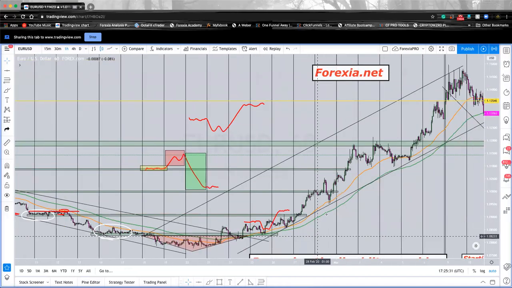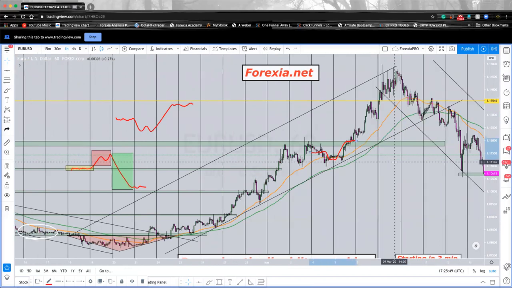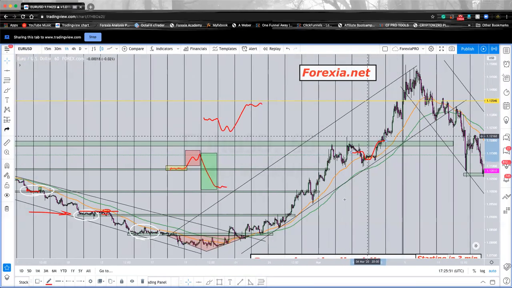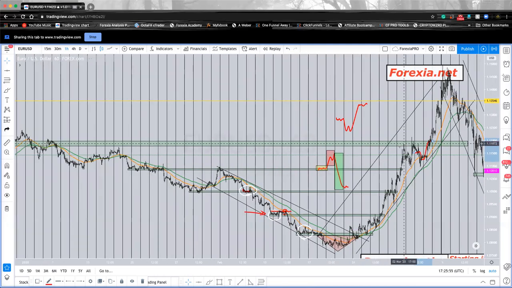And then you can continue taking retests of these moving averages in line with daily structure. When that daily structure is happening and moving averages are being respected, feel free to go with the direction. Doesn't matter if there is a very important support and resistance here.